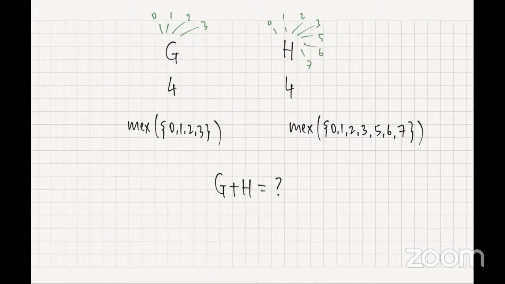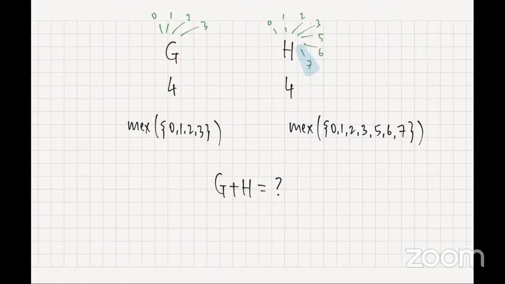But what if the first player makes a move that is bigger than 4? Like they go to H and they play 7. What does the other player do here? Well, now the other player is going to move so that you actually end up being 4 in both, right?